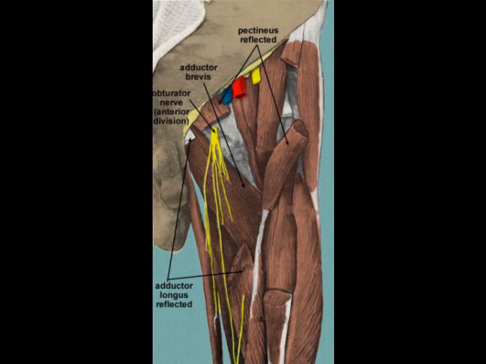So if you have adductor problems like I have, that's more than likely what either started my pudendal neuralgia or made it worse somehow, because each time I injured myself, I would have this adductor pain. So just wanted to point that out, and sorry about that, but this is actually the front or anterior part of the leg or thigh.